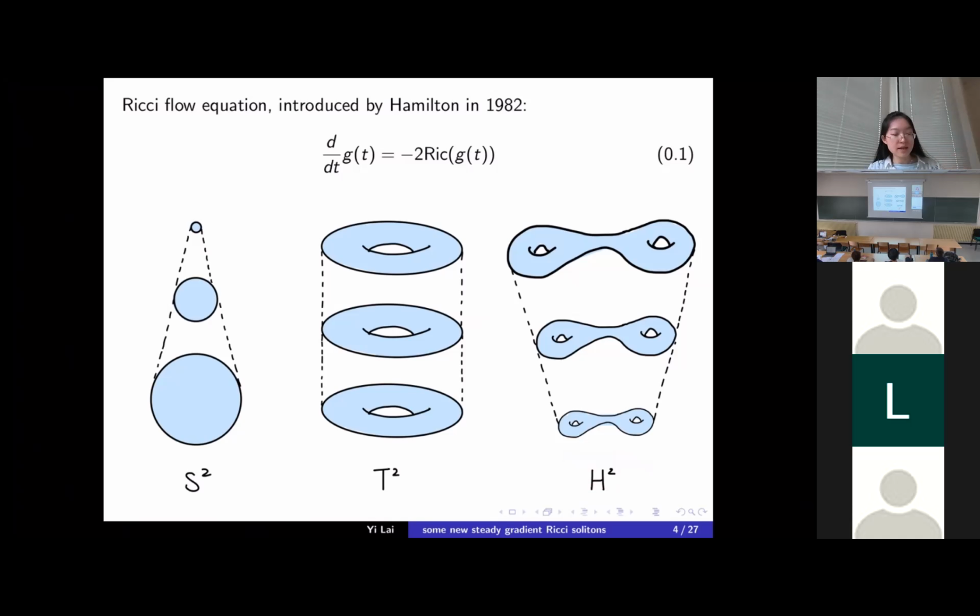These three examples are all Einstein manifolds, and they are self-similar Ricci flows. Even more, we can generalize this concept to a broader class, called the Ricci solitons.